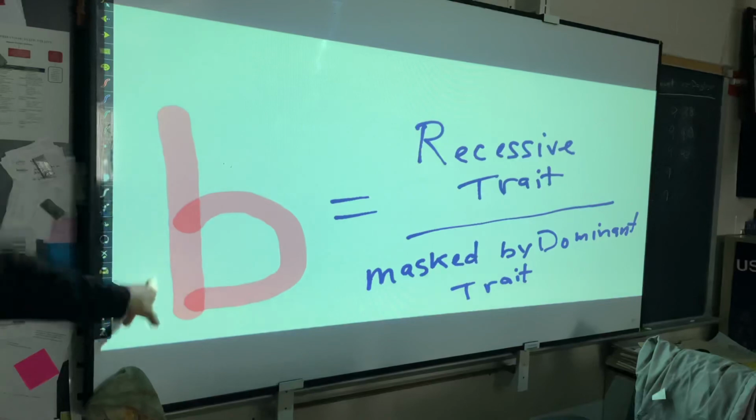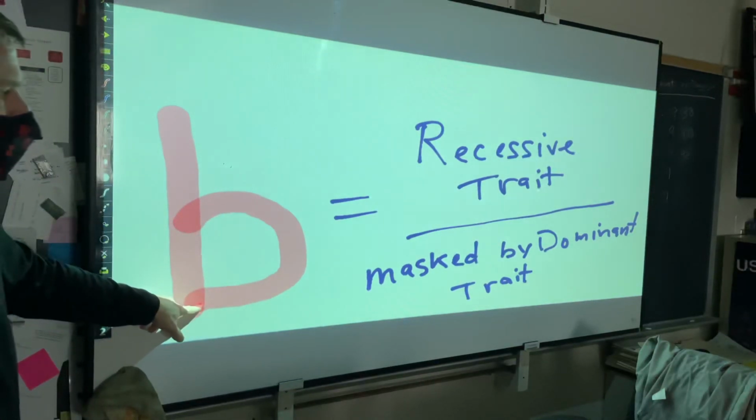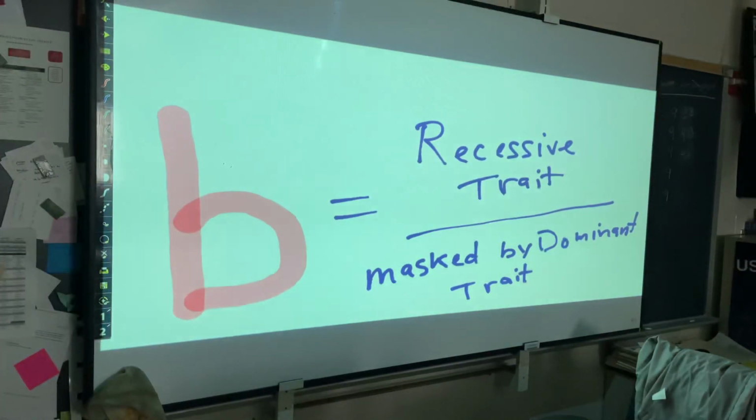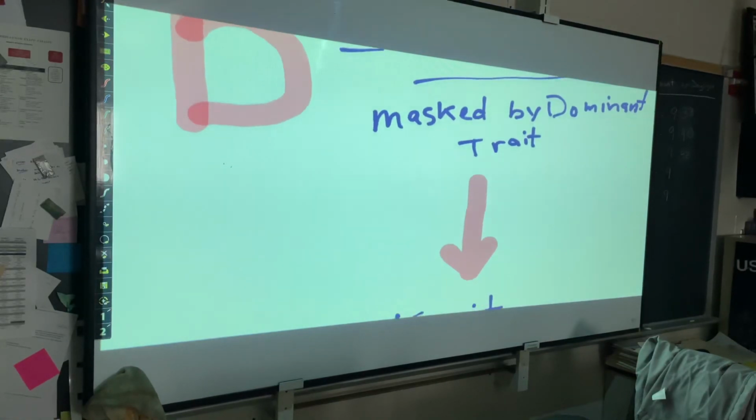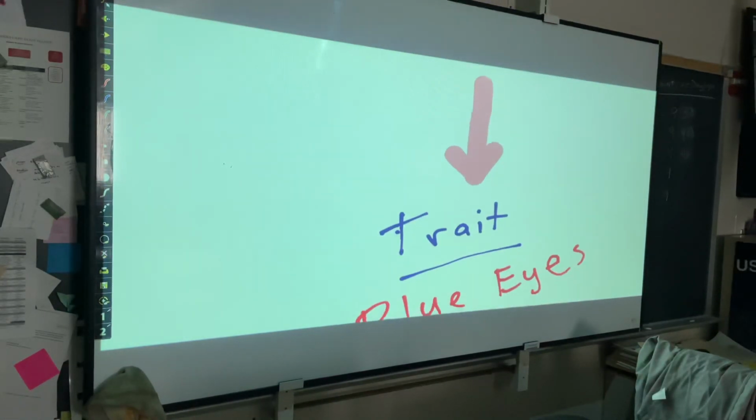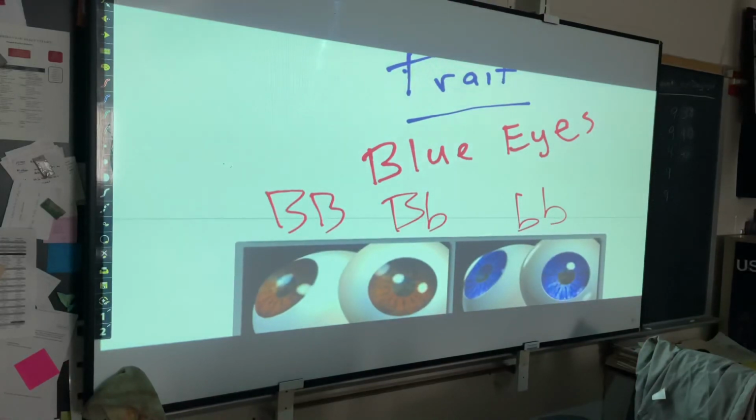But that's a recessive trait. Now, recessive is the lowercase. Okay, and it's always masked. Remember, if it's in the presence of a dominant one, it's going to take second fiddle every time. Every time. Every time. And for a rule, remember, capitals are always written first. All right, so if you have that recessive, the little recessive b, that's going to equal blue eyes.